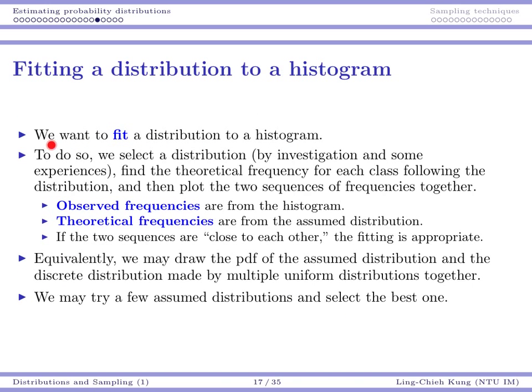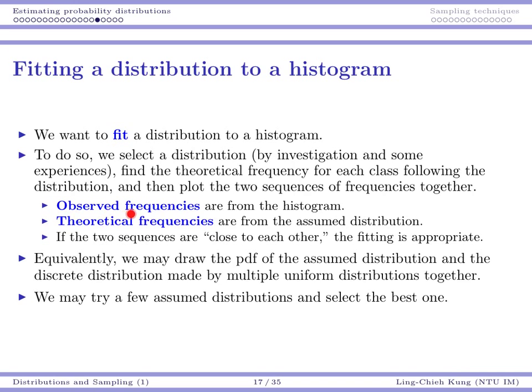So we want to fit a distribution to a histogram. To do so, we first select a histogram and then use the theoretical frequency for each class to be our estimations. And then we would plot the two sequences of frequencies together. We will have two sequences of data.